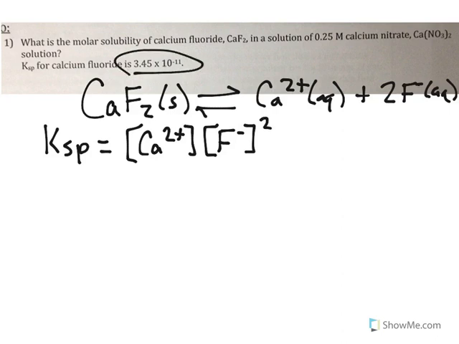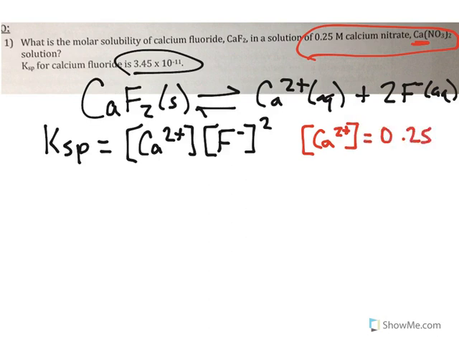Now, they provided us a KSP here. And they also told us that the concentration of this calcium nitrate is 0.25 molar. Well, since there's 1 calcium for every calcium nitrate, this also tells me that the concentration of this calcium is equal to 0.25 molar.